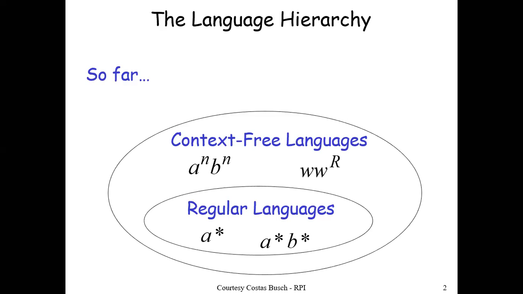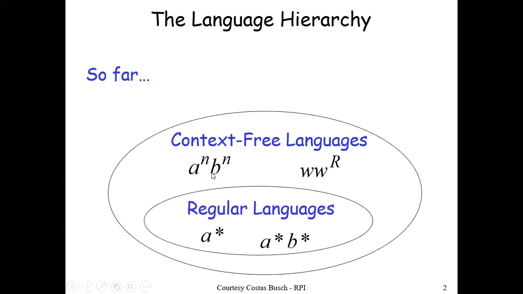With respect to the language hierarchy, so far we have covered the regular languages, such as a star, b star, where we don't need storage. Then we covered the context-free languages, such as a^n b^n, where we need storage so that we can compare how many a's there are so that we can have as many b's as there were a's.